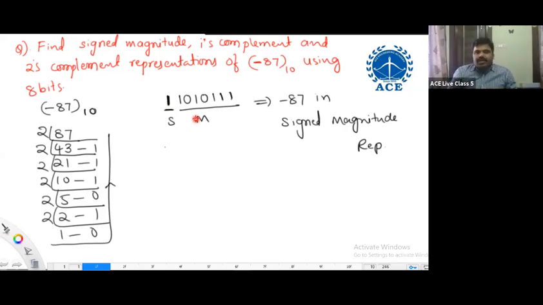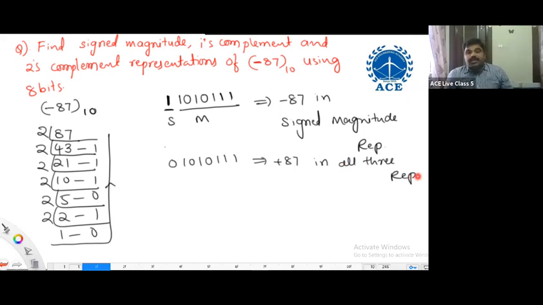Now I would like to get minus 87 in 1's complement and 2's complement representations. For that, first let me represent plus 87 using 8 bits: 01010111.